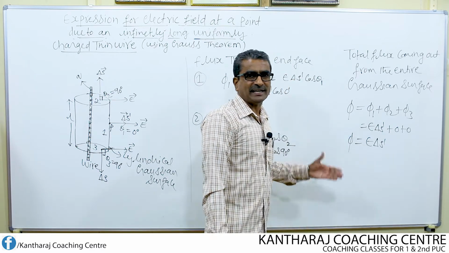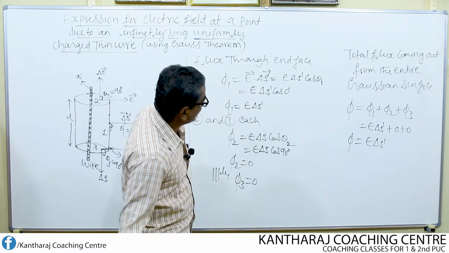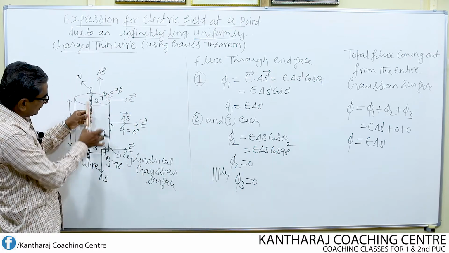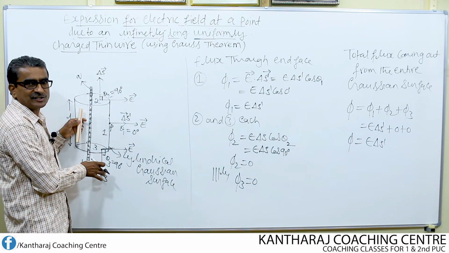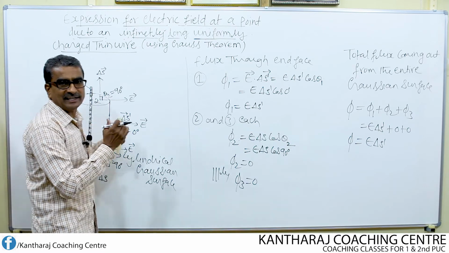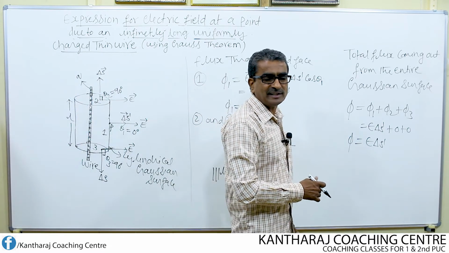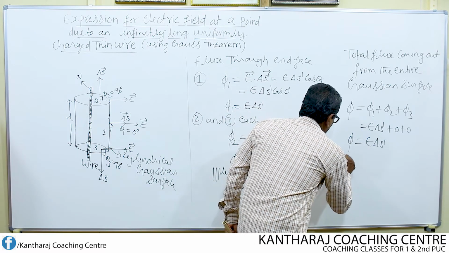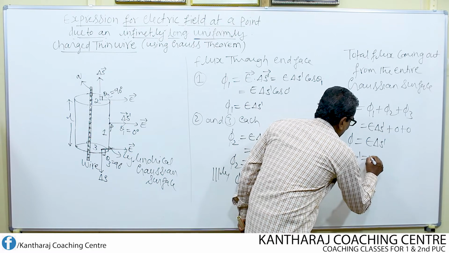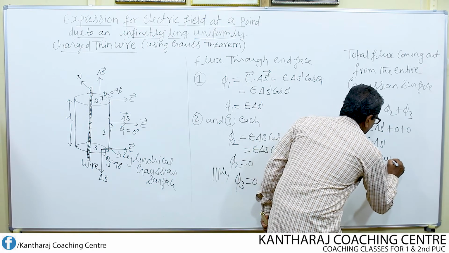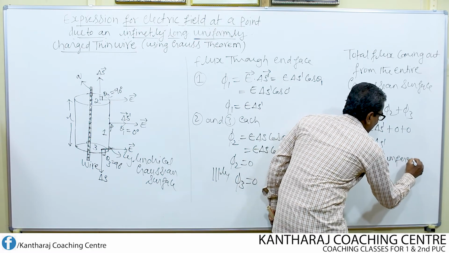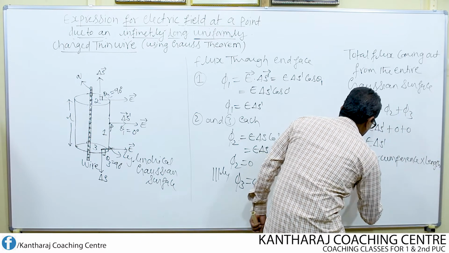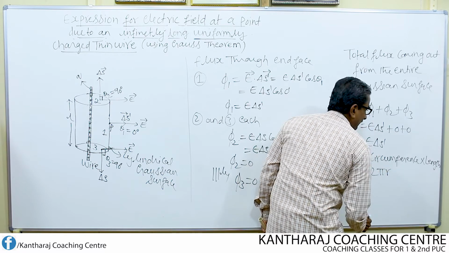But I substitute for delta S dash. What is delta S dash? Delta S dash is nothing but the total area of the entire cylinder, that means the Gaussian surface, which is cylindrical in shape. So the entire cylindrical area I have to consider. Area of the cylinder means circumference into length, that's the formula. So delta S dash equals circumference multiplied by length of the cylinder. What is circumference? 2 pi r.